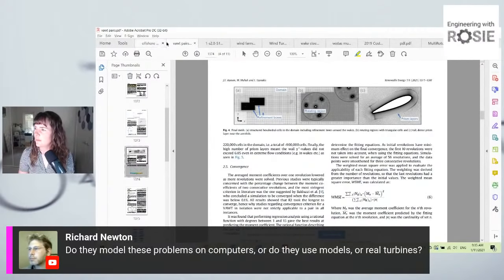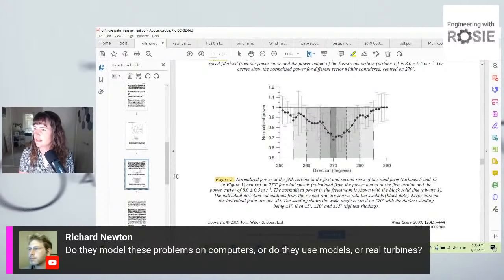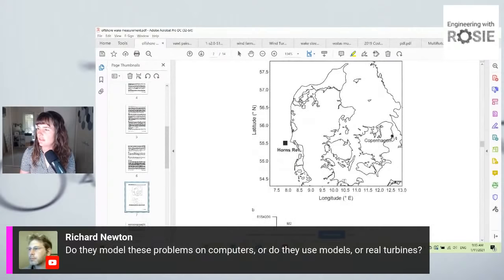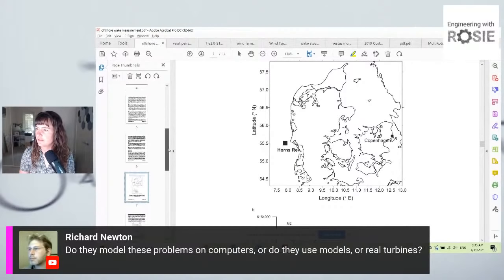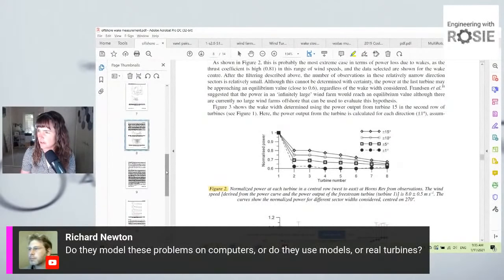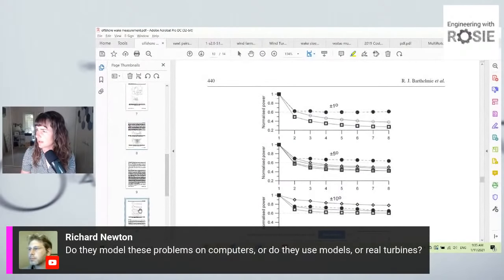And then this one, the first paper that I talked about here, they've gone to a real wind farm and taken real measurements. And I believe that they also compared that to a bunch of simulations, or maybe it wasn't this one.